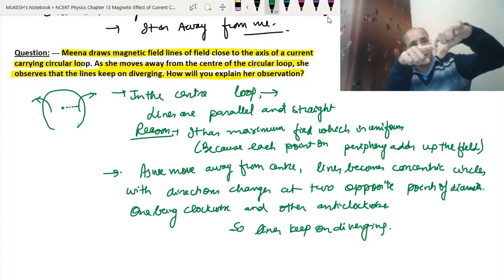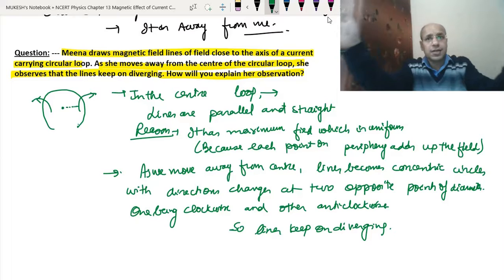Now as we are going towards the coil, or towards the periphery, you can say circumference, then at this point also and at this point also, this is behaving like two straight conductors where the current is flowing in opposite directions. Okay, so here they will be concentric circles with the opposite direction. So as we go towards this point, it will move like this, and towards this point it will move like this. So that means the lines are diverging into different directions. I hope this is clear to you.